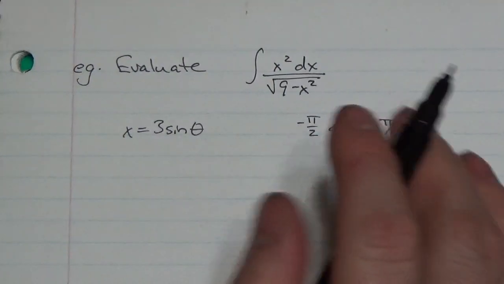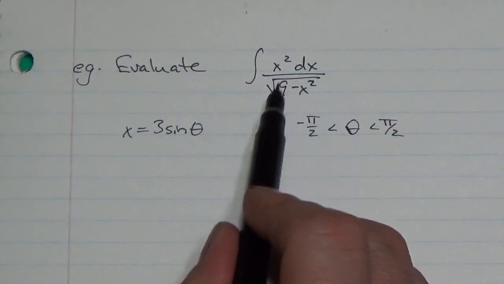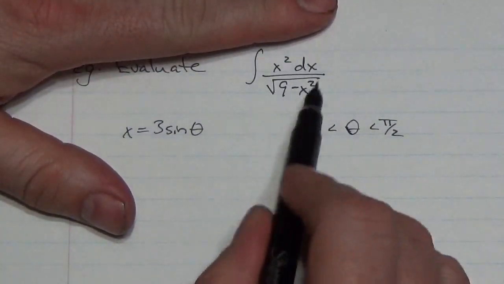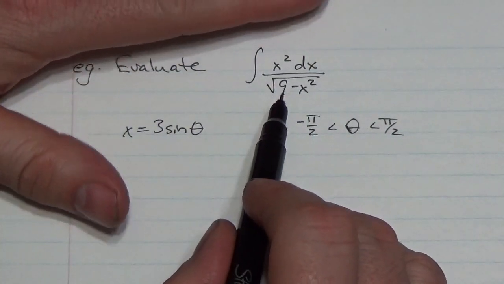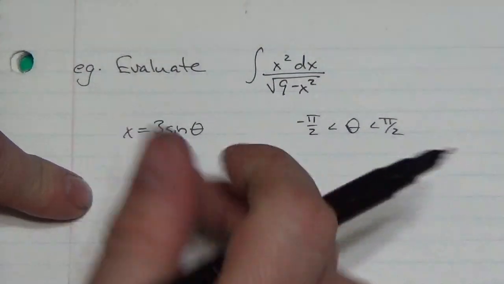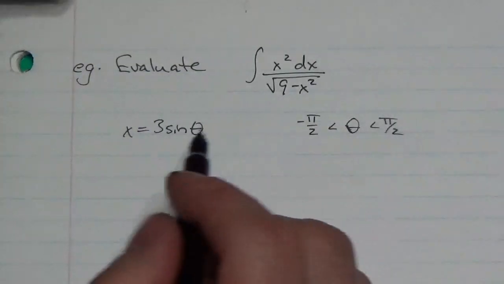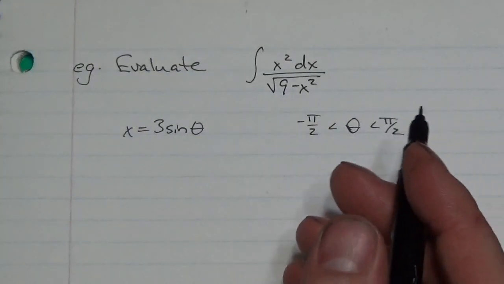And remember that covers everything that I need. The domain for x is going to be negative 3 to 3 anyway, and if you plug this domain into the expression I'm using to substitute, you'll get the same thing. I'll go from negative 3 to 3.